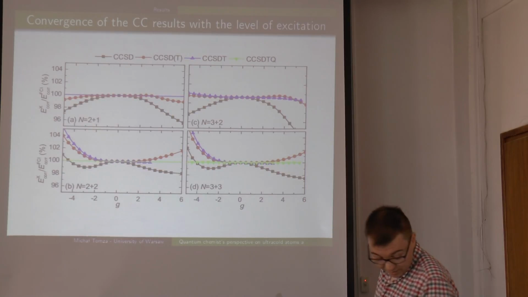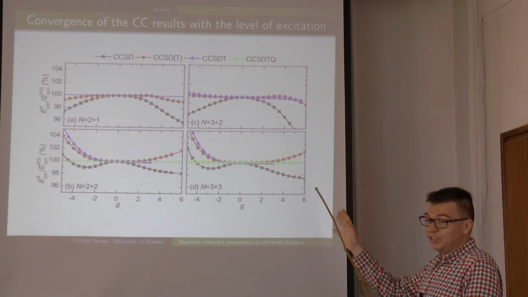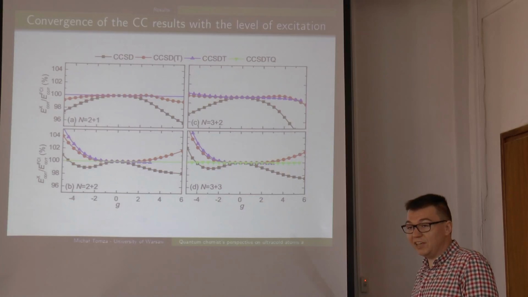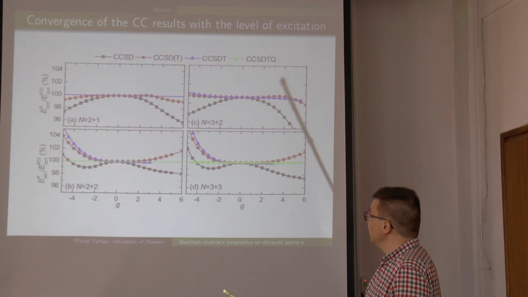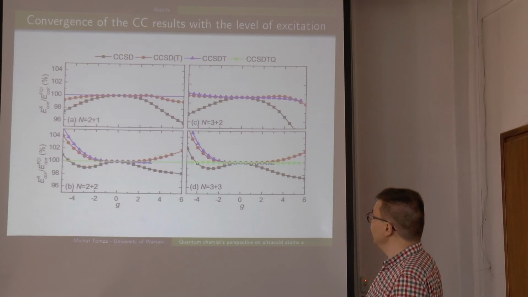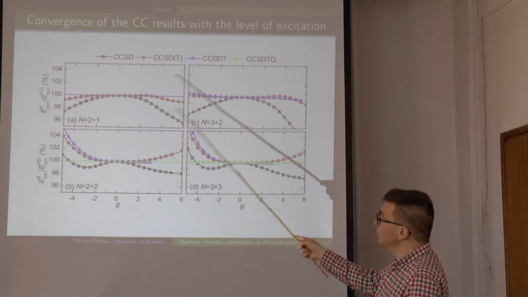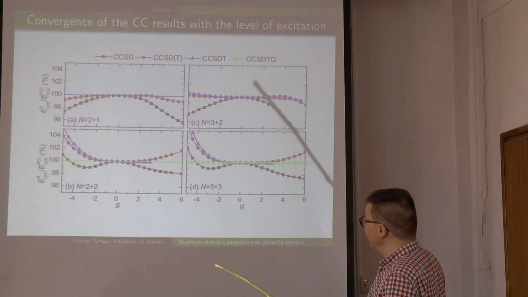Then I analyzed the convergence of this calculation depending on the number of excitations, the number of Slater determinants in our wave function expansion. We see that already the single and double excitations reproduce 95-98% of the correlation energy, so it's quite good.